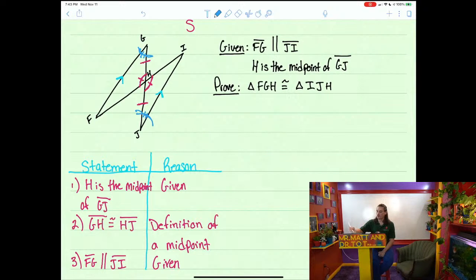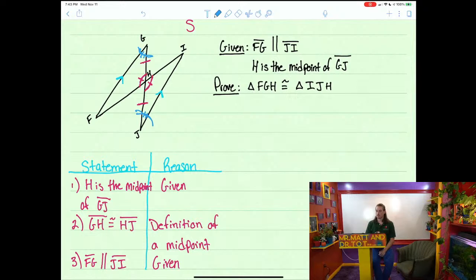Or I could also write out another possibility in purple here. If I were to compare these two angles using the same type of philosophy, that they're alternate interior angles because of this transversal that's intersecting the parallel lines.